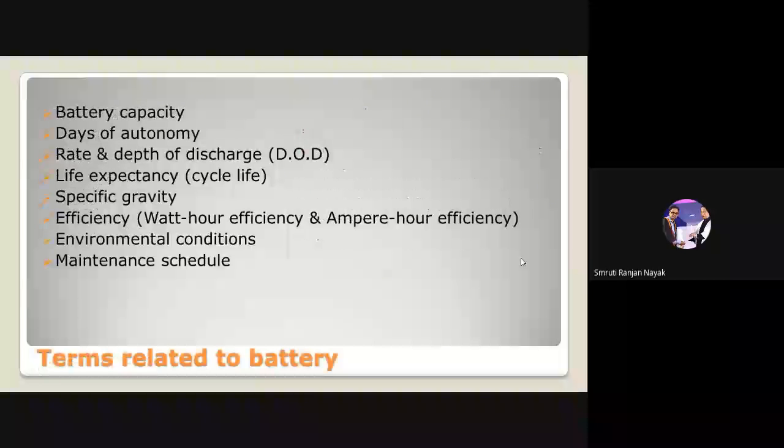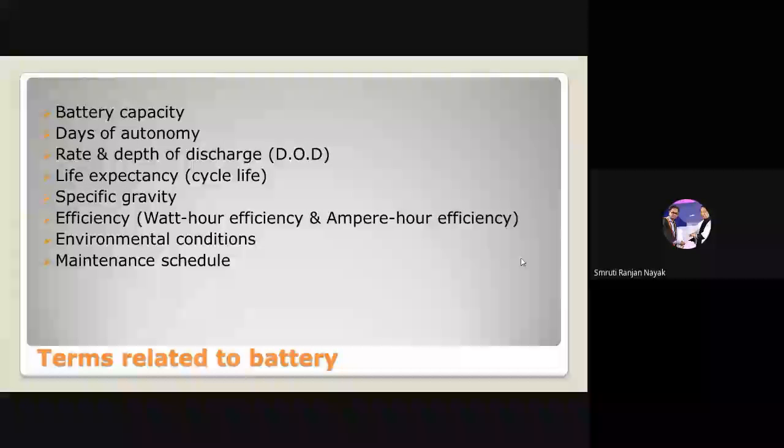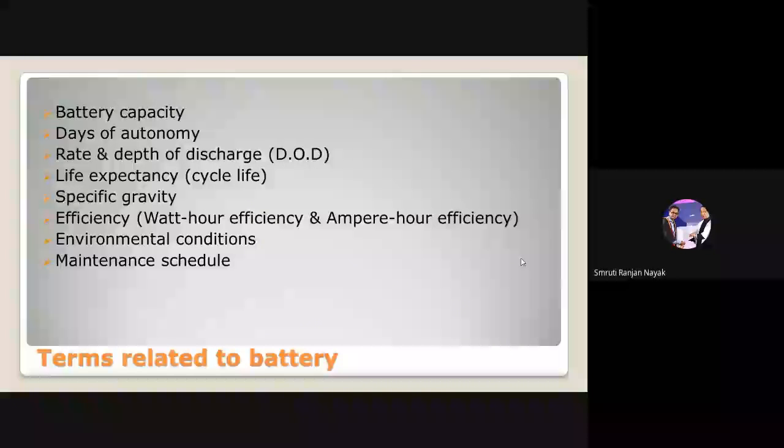So next, these terms are related to the battery. They are much more important, and should be known to you very well. That is battery capacity, days of autonomy, rate and depth of discharge, life expectancy or life cycle, specific gravity, efficiency, environmental condition, then maintenance schedule.